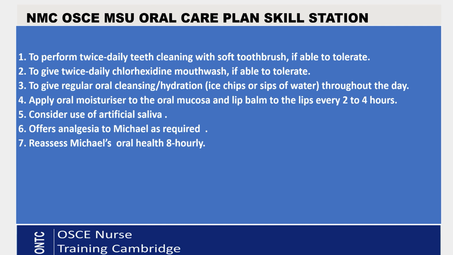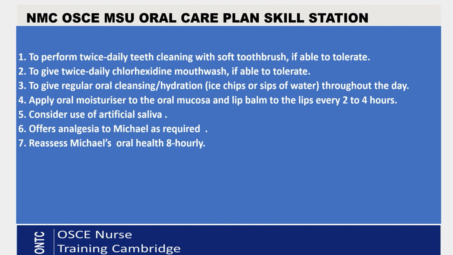Second thing will be to give twice daily chlorhexidine mouthwashes if your patient is able to tolerate, because chemotherapy can cause a lot of pain. Third thing is to give regular oral cleaning or hydration, because the mouth gets very dry, with ice chips or sips of water.